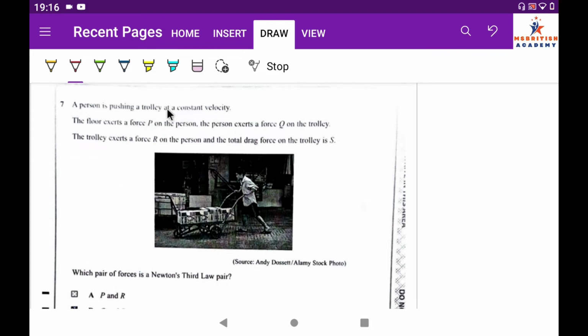A person is pushing a trolley at a constant velocity. The floor exerts force P on the person, the person exerts a force Q on the trolley, and the trolley exerts a force R on the person.